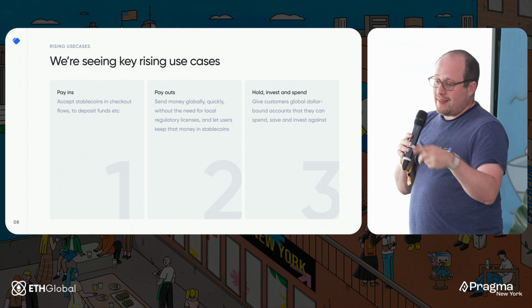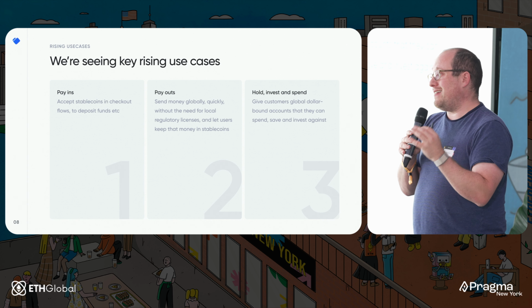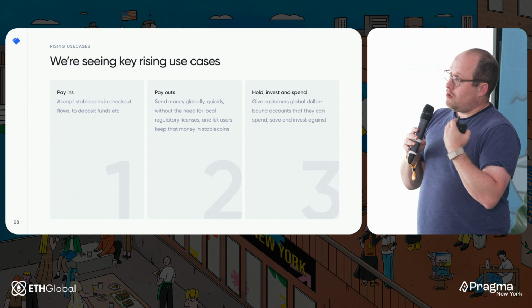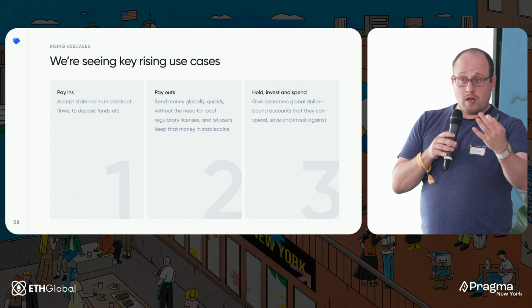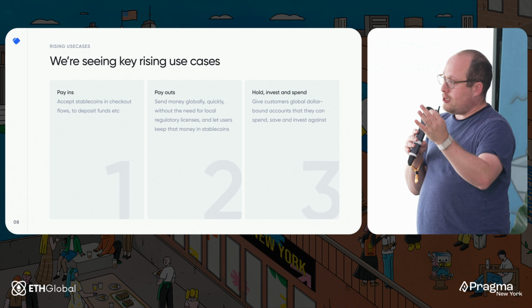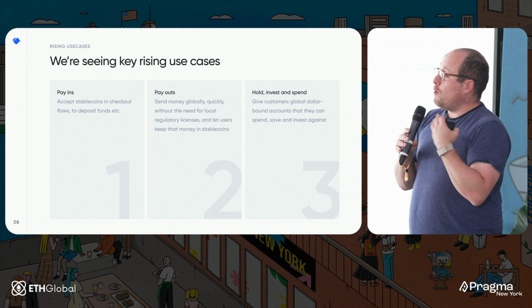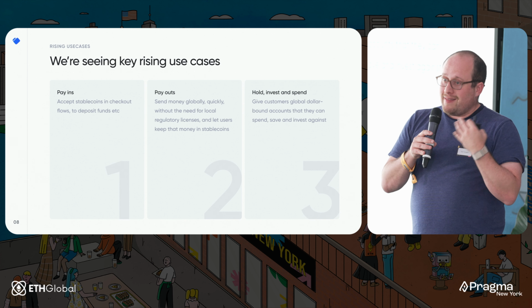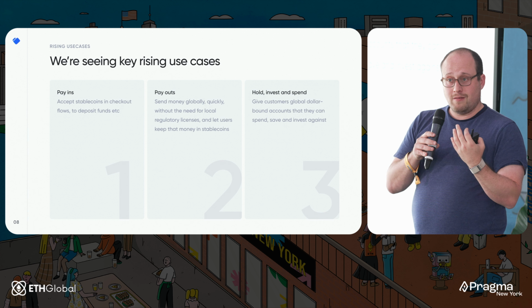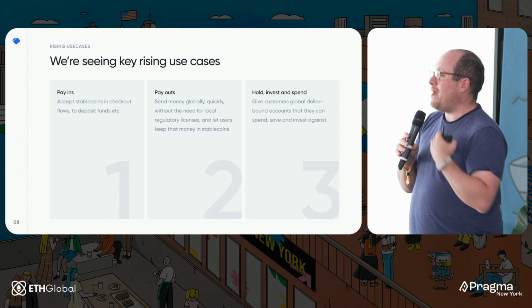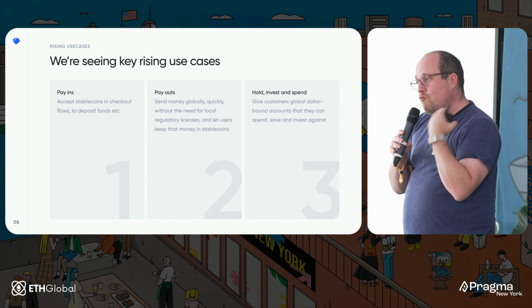The second one, and this is the use case that I'm most excited about, is the payout use case. So let's say you're in the US and you want to pay a contractor, not a problem. You ACH them, you same-day ACH them, you wire them money, great. But if you want to do that internationally, that becomes a little bit more complex. And so we're seeing a lot of these payout use cases, which are really fascinating.